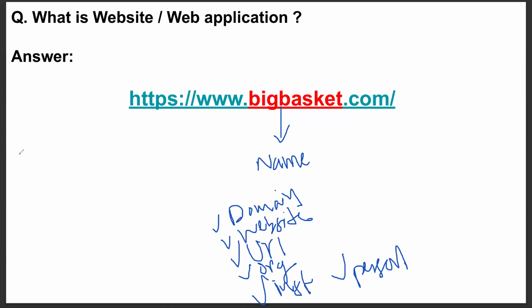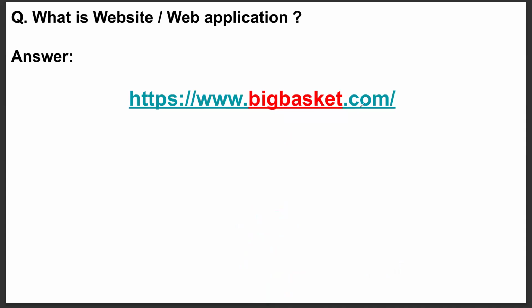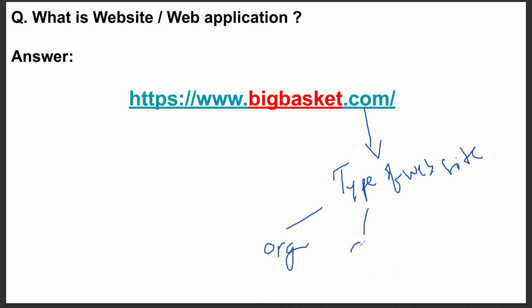Let's talk about the last one, .com. Tell me, what is .com? Commercial, absolutely correct. So it tells us what type of website it is: is it organizational, commercial, or educational?